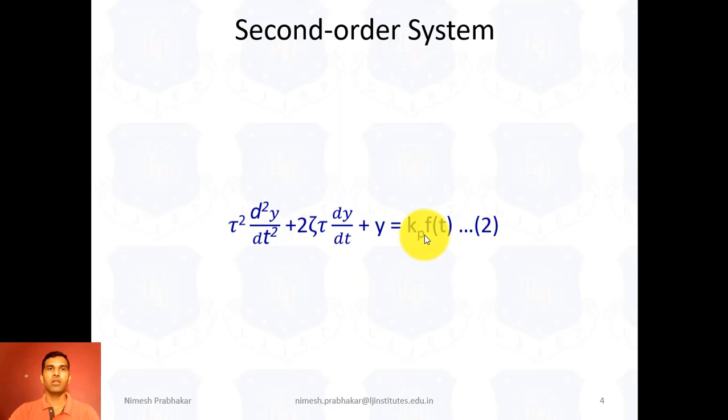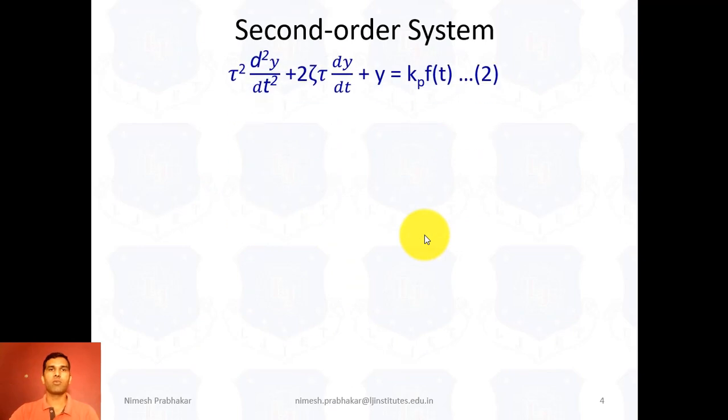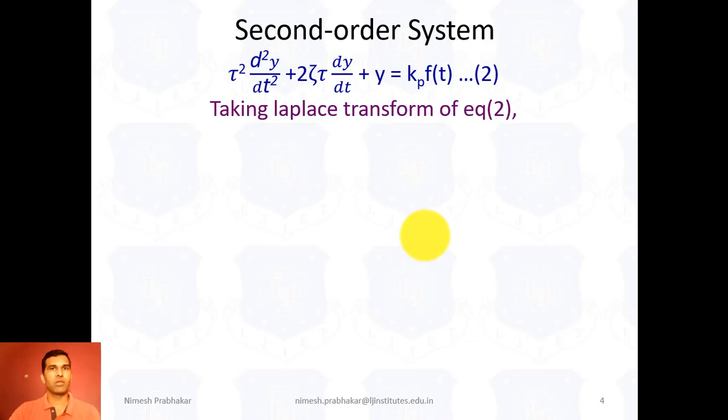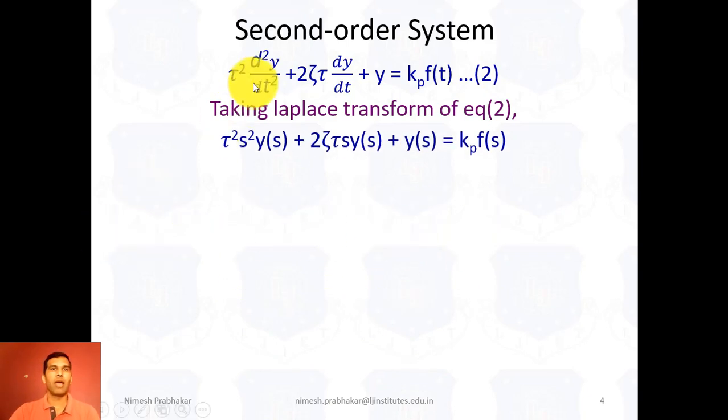Now this is the general equation of the second order system. Now we take the Laplace of this equation. So we can write tau square, and Laplace of second order derivative is s square into y of s, 2 zeta tau is same, and Laplace of first order derivative is s into y of s, plus y of s is equals to kp into f of s.